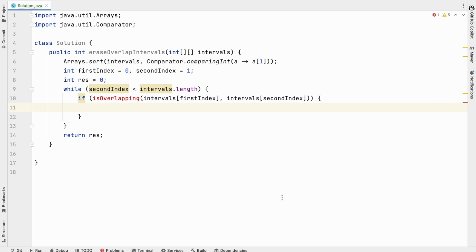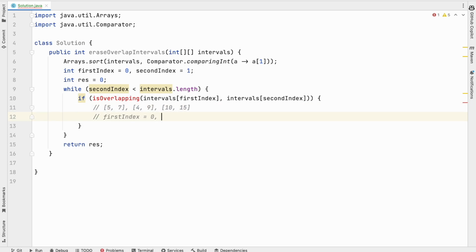If they're overlapping, like for example, 5, 7, 4, 9, and 10, 15. Suppose first index is 0 and second index is 1. You can see that the two pointers point to the first two intervals, 5, 7 and 4, 9.